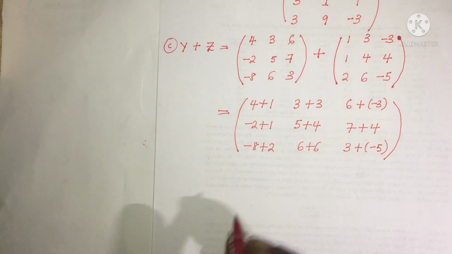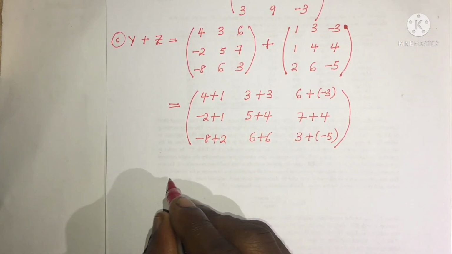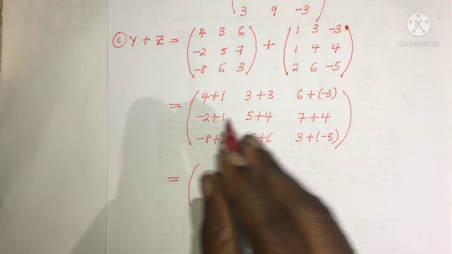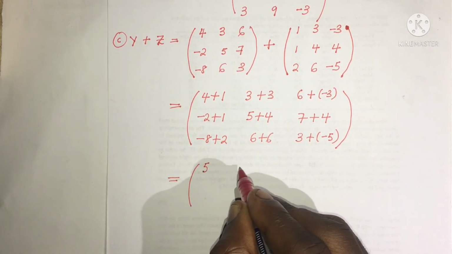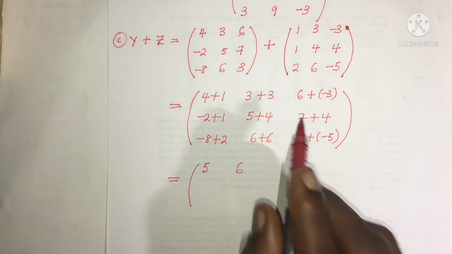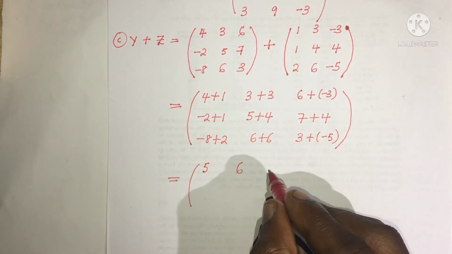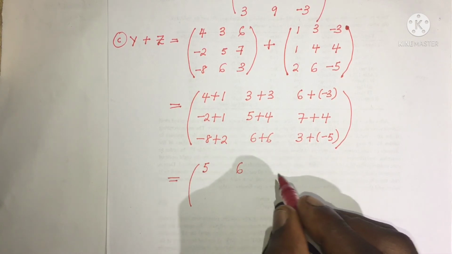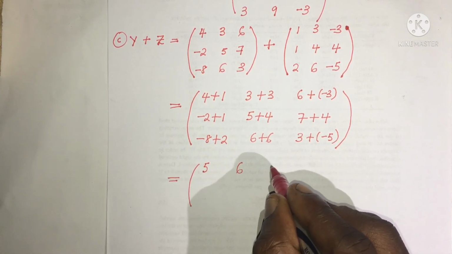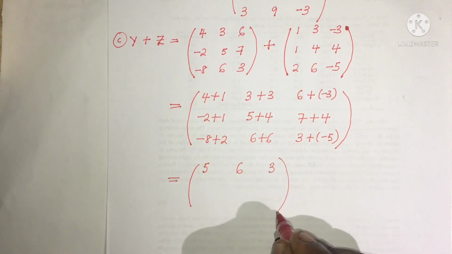Now it will simplify to 4 plus 1 gives 5, 3 plus 3 gives 6, 6 plus minus 3 will give you 6 minus 3, because plus multiplies minus to give minus. So 6 minus 3 is what we have, and that will give 3.